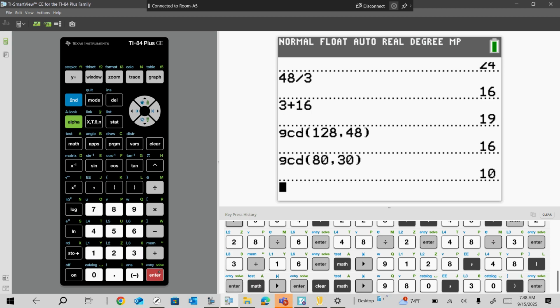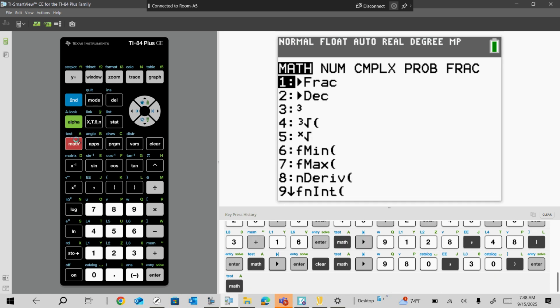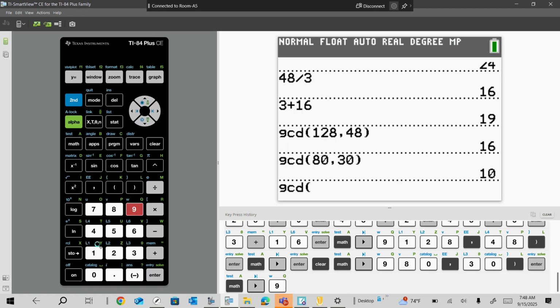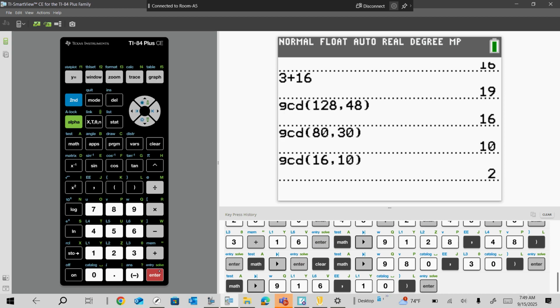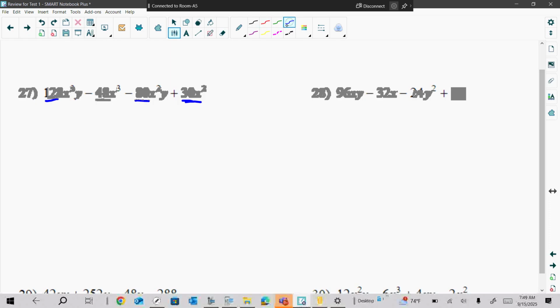All right, so we got 16 and 10, so we want to do the GCF of our result. 16 comma 10. So that means the GCF of all four numbers is 2 and the x squared. So 2x squared is going to be taken out first.